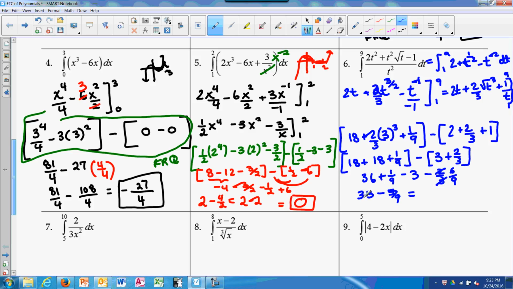So if I wanted to find this as a denominator of 9, I would have to multiply the 33 by 9 over 9. So now I have 297 over 9 minus 5 over 9. So 292 over 9.